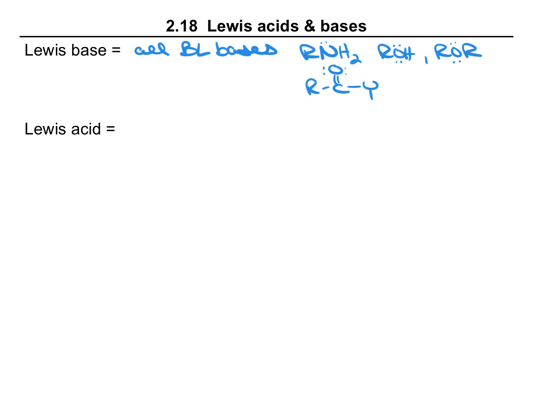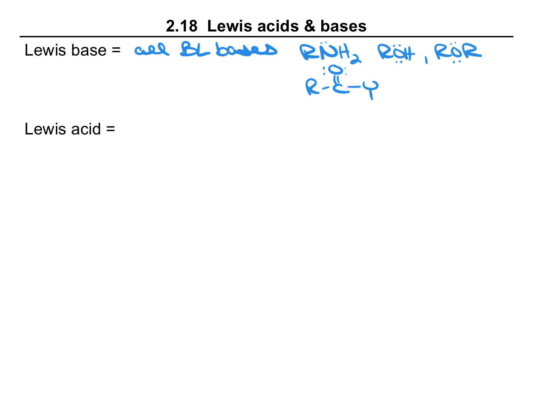So I'm using an R group to stand for basically anything, any carbon chain, just any organic molecule. So if we have a nitrogen, if we have an oxygen, if we have a carbonyl, now this Y group could be another carbon, it could be a hydrogen, it could be an oxygen. So there's a wide variety of structures. But basically, everything that we saw as Bronsted-Lowry bases could also be Lewis bases.